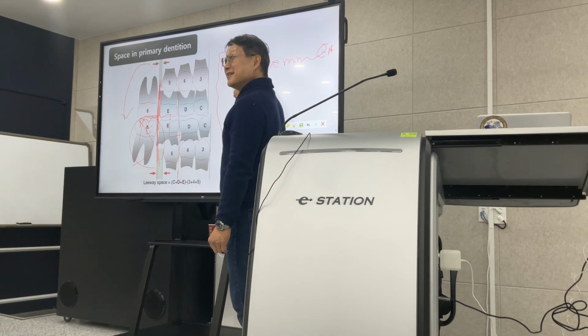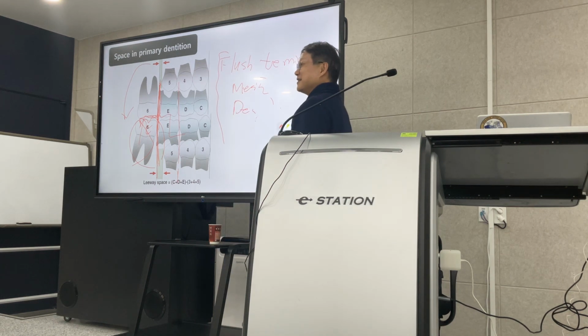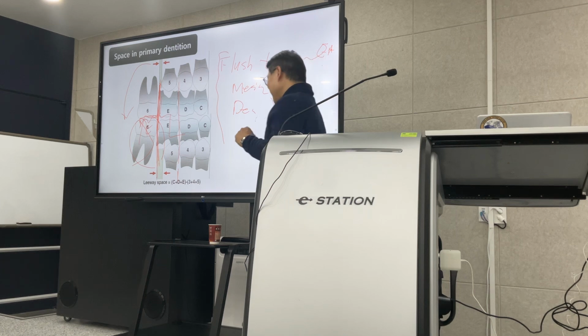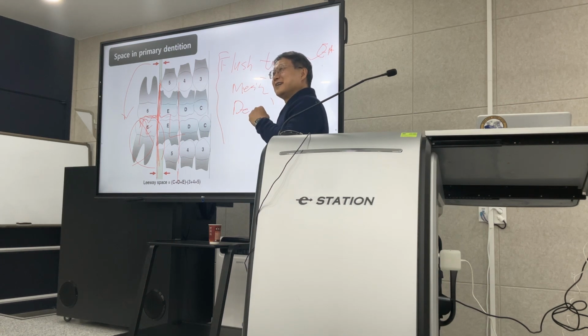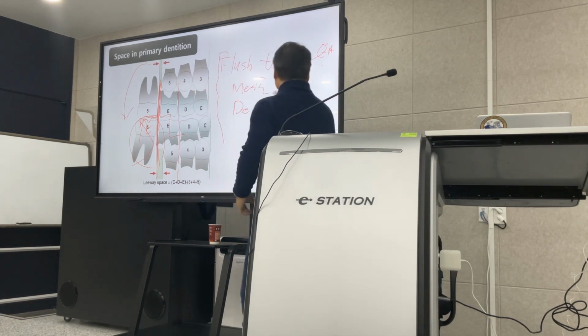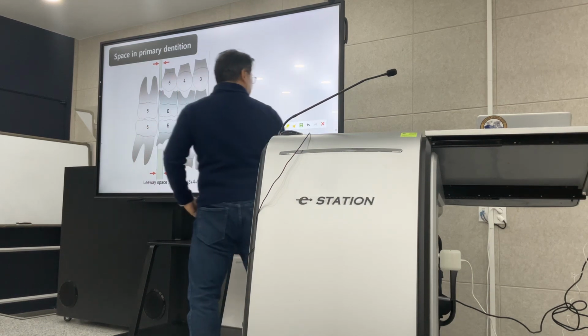Professor? PM. This is the first concept. No, they already know. You remember? You learned about the terminal plane of the primary teeth, remember? Flush, mesial, and distal. You already learned before in the last semester. Okay. Anyway, I will explain again.